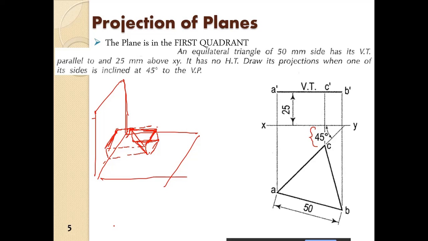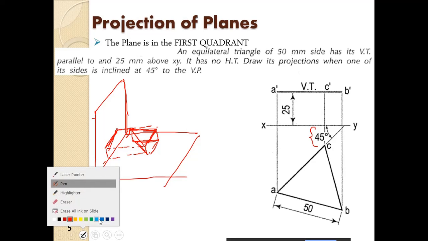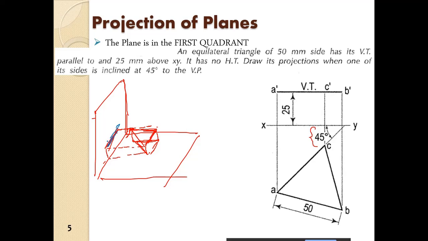So this is the vertical trace, and this is the projection of the triangle on the horizontal plane.